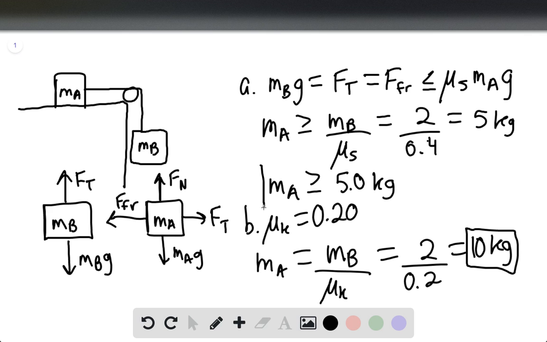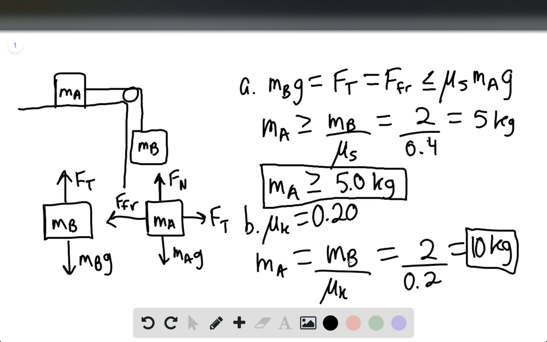However, for part A, the mass of A should be greater than or equal to 5 kilograms in order to prevent the system from moving in the first place. This is only after the mass starts moving.